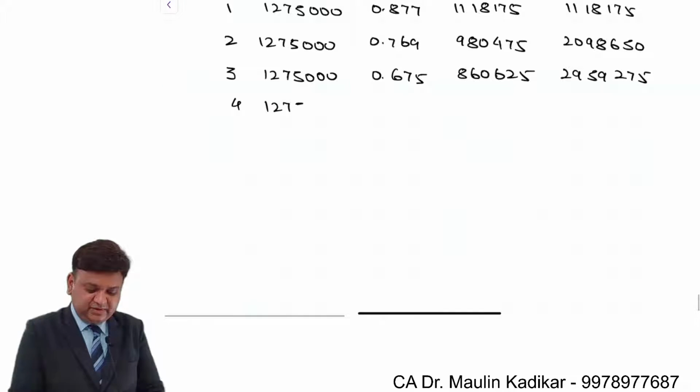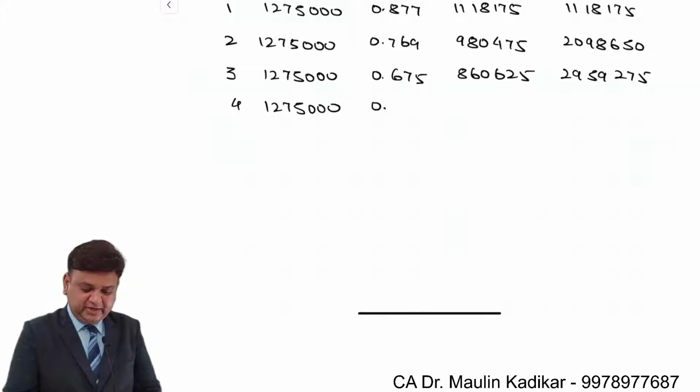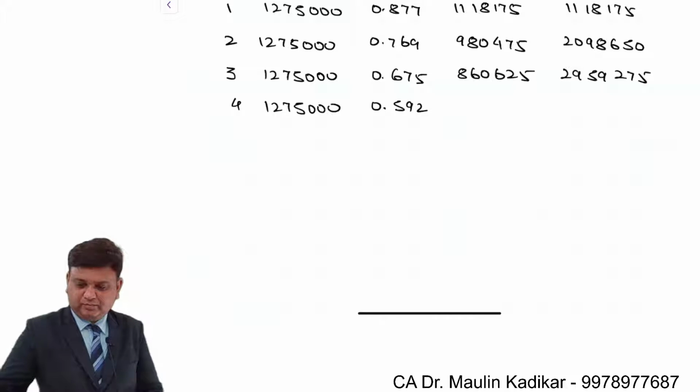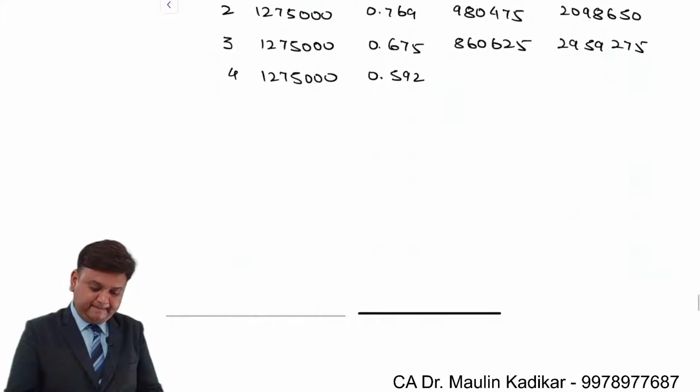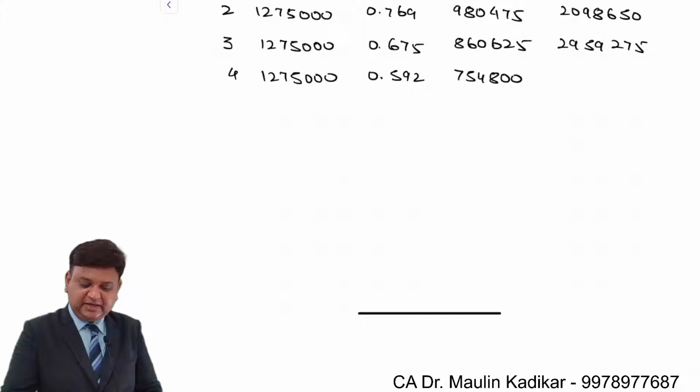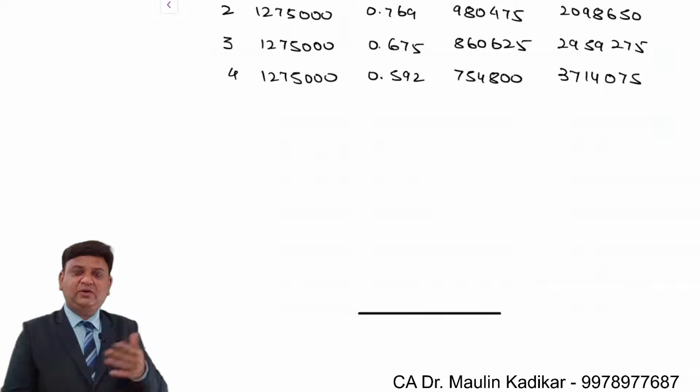Fourth year 12,75,000 once again into 0.592. So it comes to 7,54,800. Cumulative value is 37,14,075. Dear students, in fact beyond this, there is no requirement to calculate.